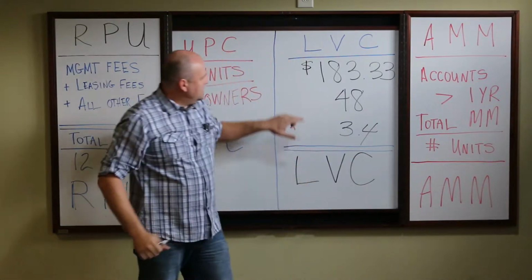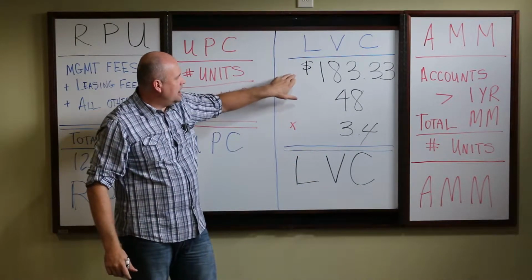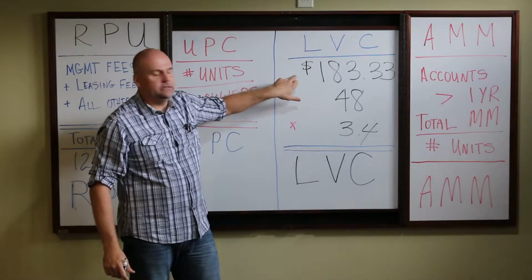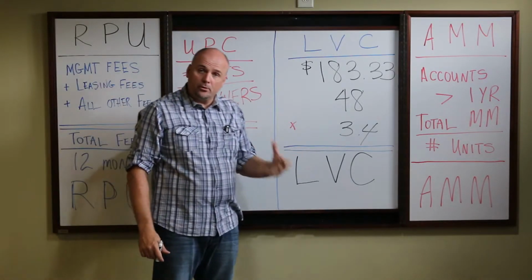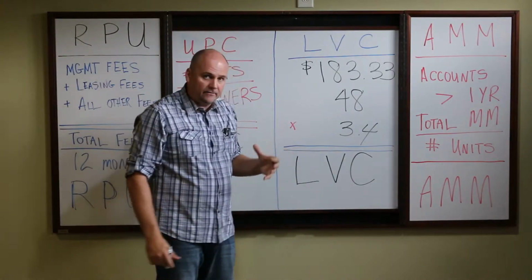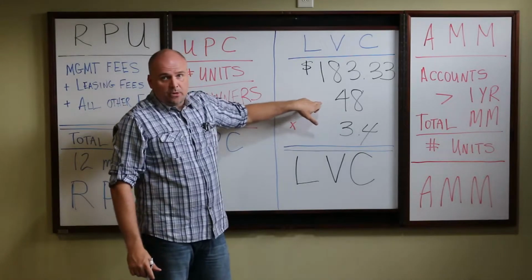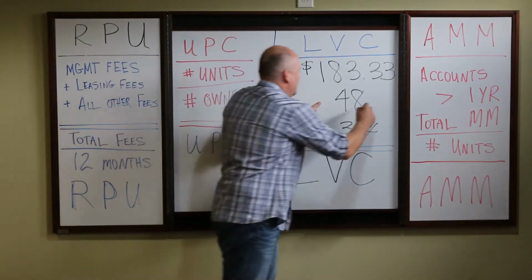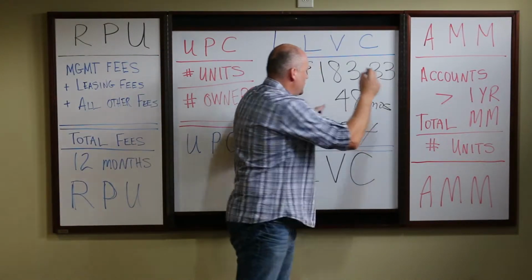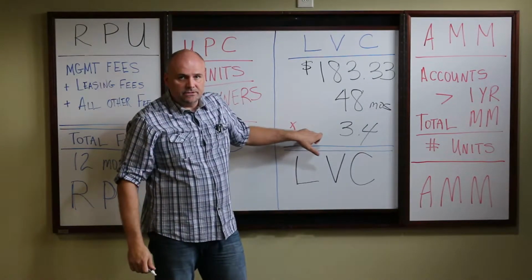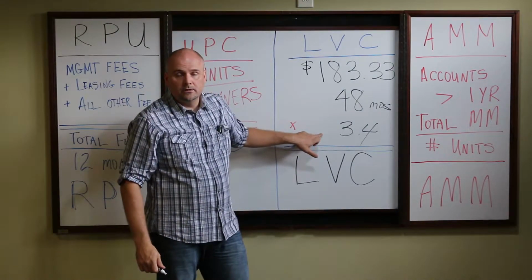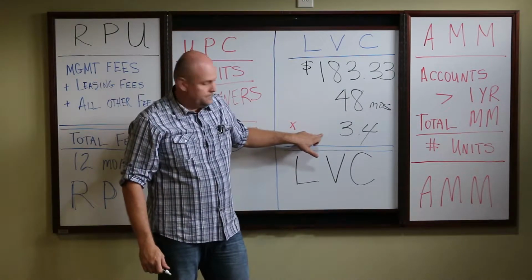So to come up with our lifetime value of customer, we have $183.33 per unit that we make per month, every single month, on average. We manage those properties for 48 months, and our customers have an average of 3.4 units per customer.